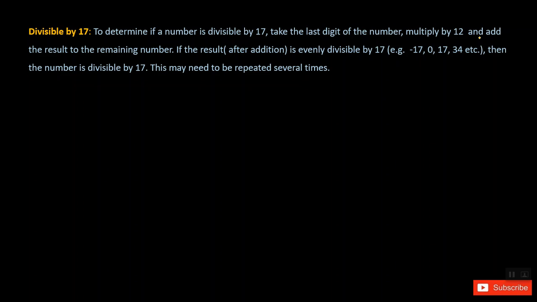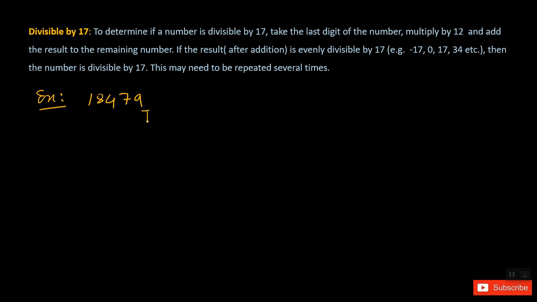So to check whether it is divisible by 17, I have to multiply the last digit by 12, and keep adding the result, like we did for the 13 one, right? Okay, let's take one example: 18479.